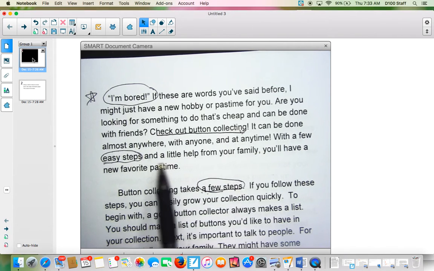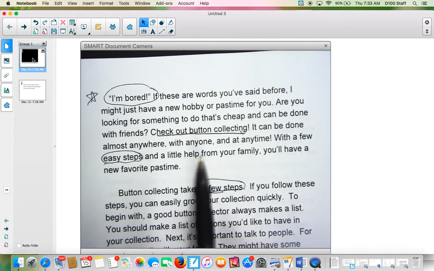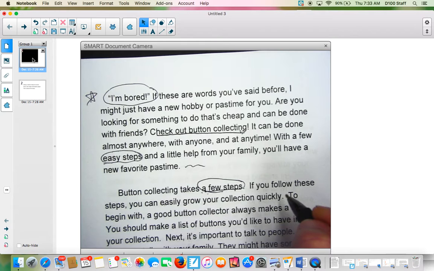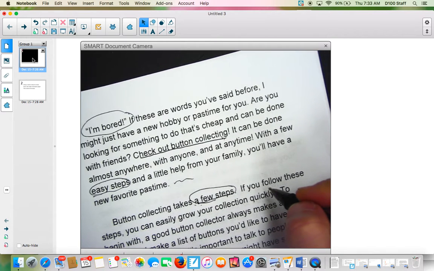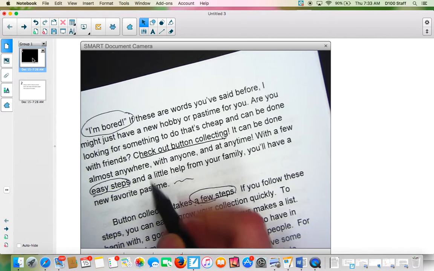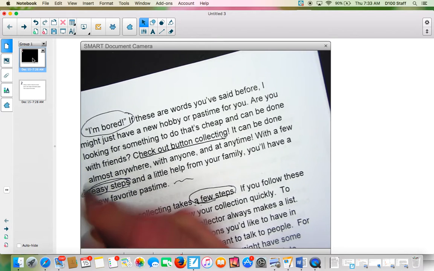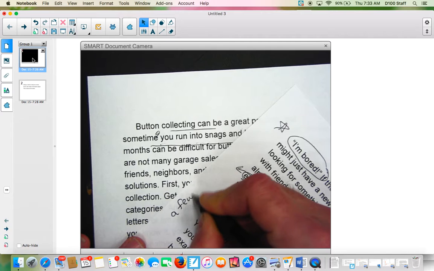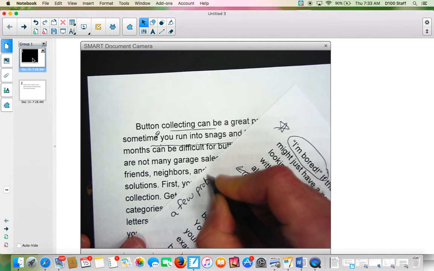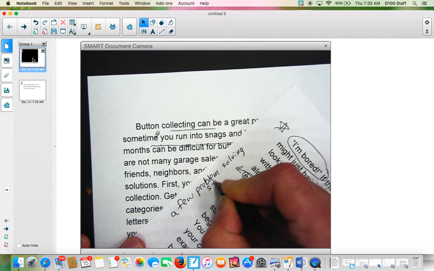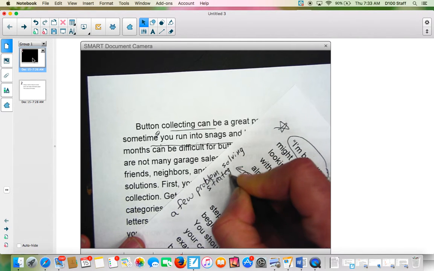Okay? Now I might want to go back, I should add a sentence here about what to do if you have problems. Okay? With a few easy steps, and I might even add it here, and I could just draw a line there, and I could just say a few problem solving strategies, comma.